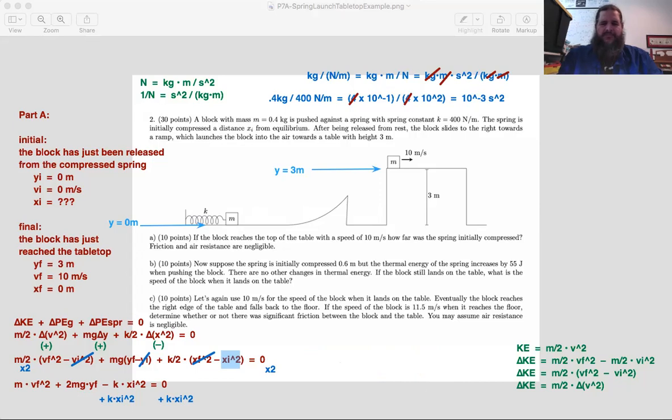times, and then V final squared. Do we know what the final speed is? What's the final speed we want this to have when it reaches the tabletop?